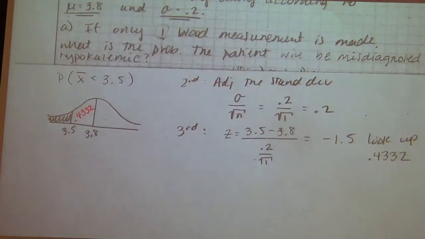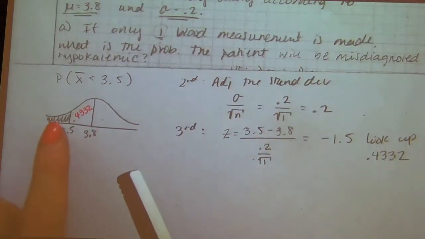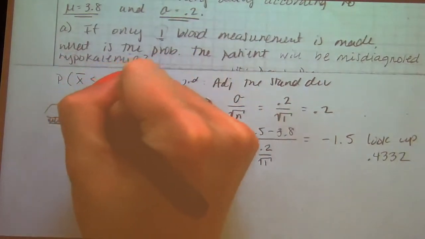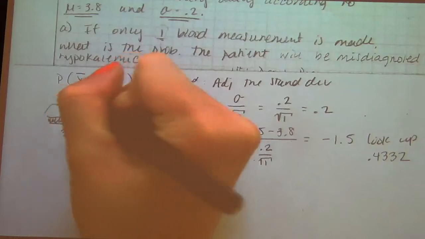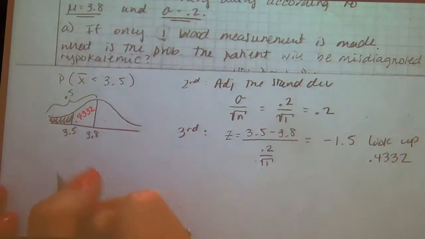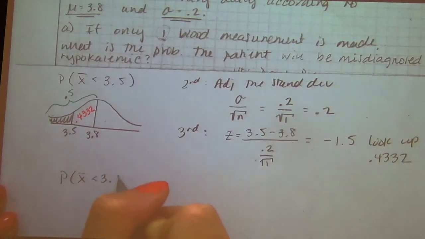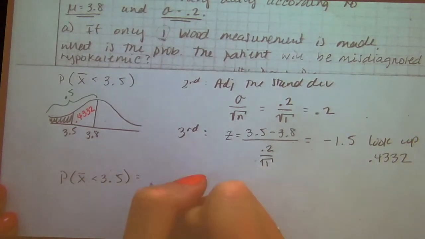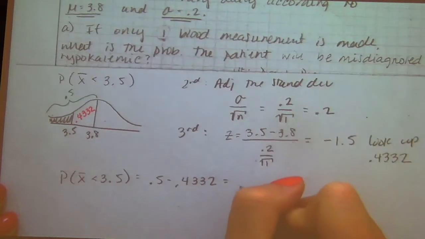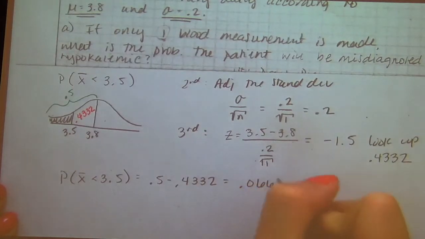Now to find my final probability, I'm just going to take this half of the bell curve, so this 0.5 probability, and subtract the 0.4332. So the probability that x bar is less than 3.5 is equivalent to 0.5 minus 0.4332, and if you do that calculation, you get 0.0668.